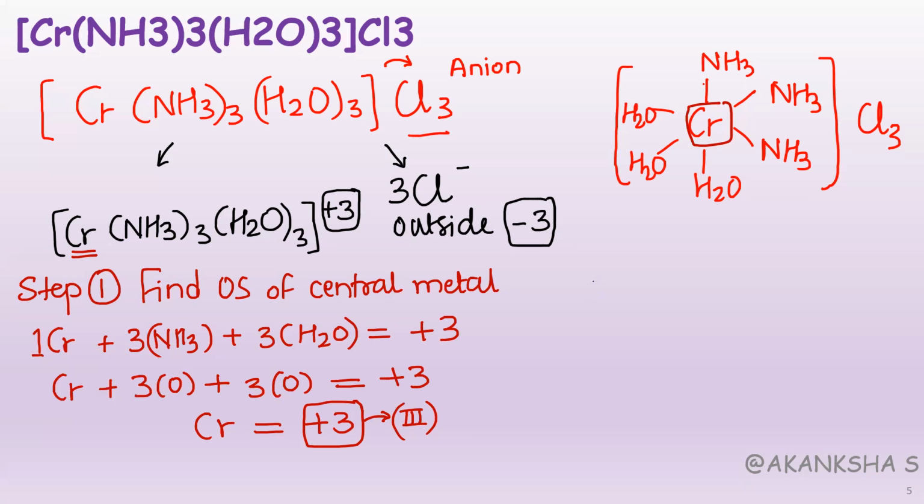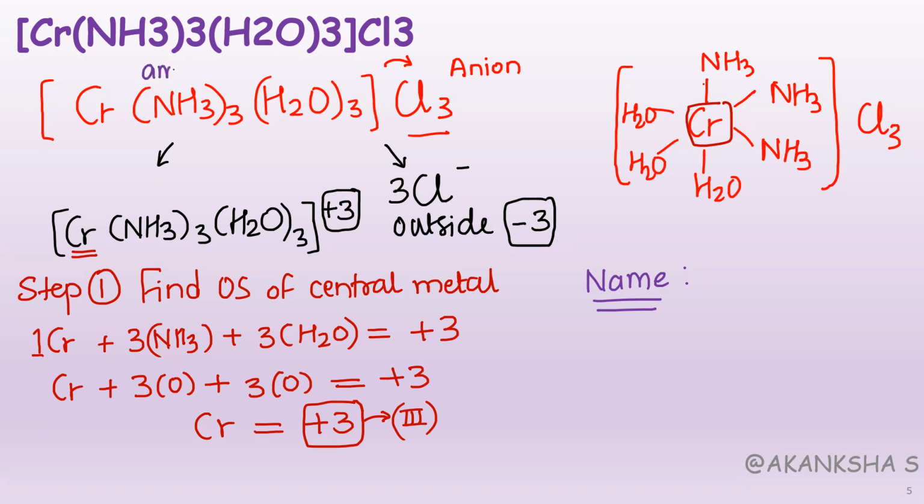Okay, remember this. Whenever you're writing the compound, metal comes first, followed by the ligand. But whenever you're writing the name of the compound, always make sure to put the name of the ligand first. You give that right or that priority to the ligand. So see, we have 2 ligands over here.